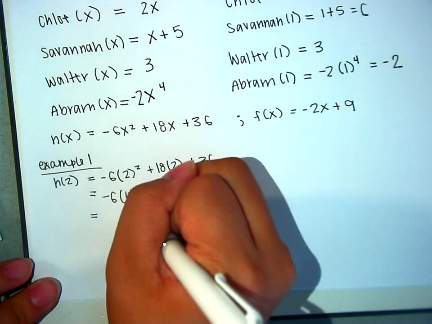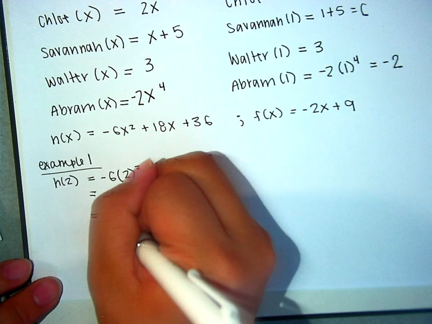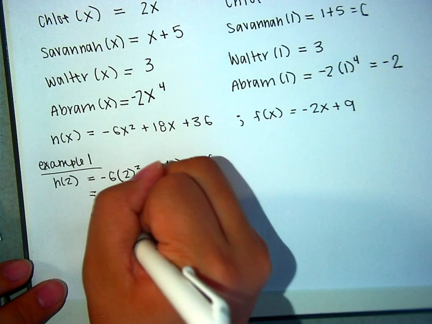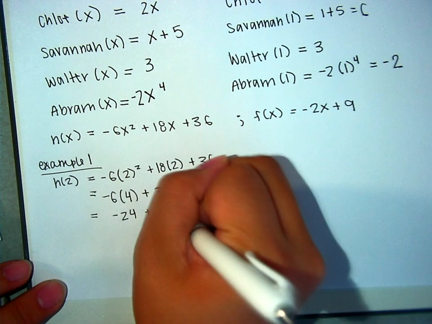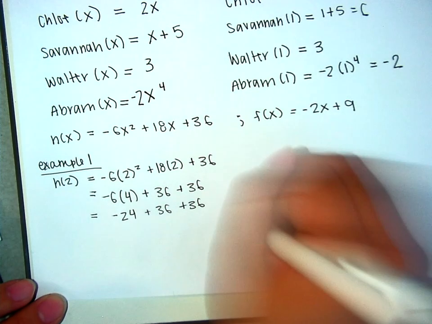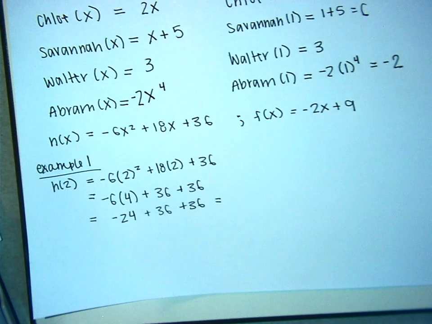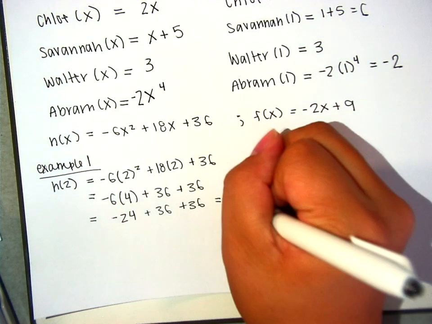Continue with the parentheses by multiplying, right? So we're going to multiply negative 6 times 4 to get negative 24 plus 36 plus 36. When you add negative 24 plus 36 plus 36, you get 48.